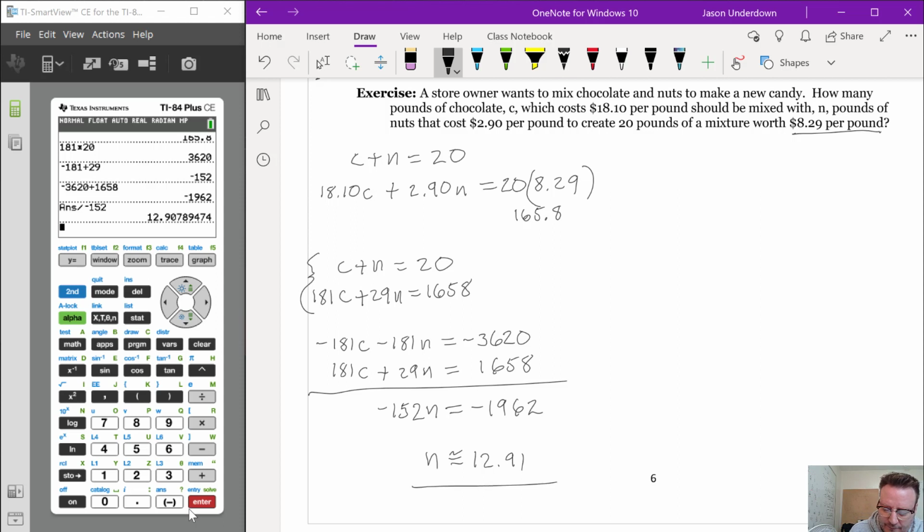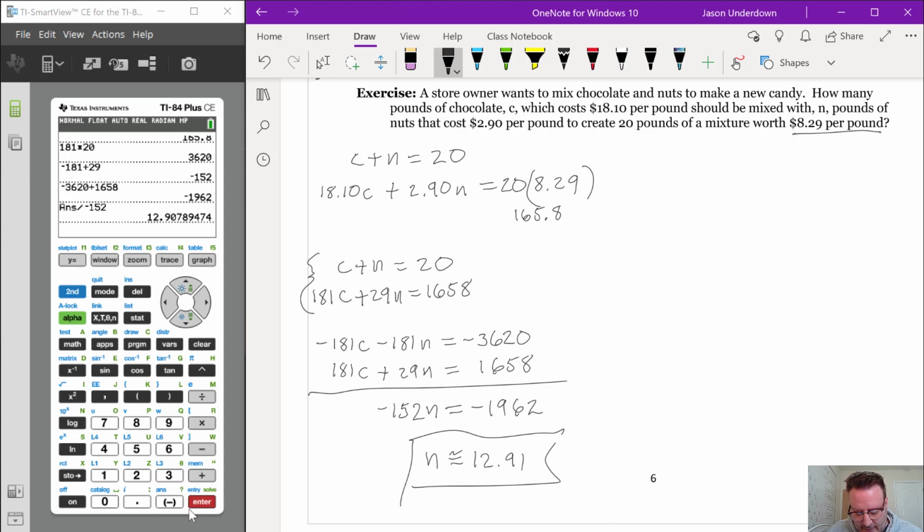Okay. There we go. We've solved for how many pounds of nuts we need. How much chocolate do we need? Well, in the regular method of elimination, I would just take this value now and then substitute it back into either one of the original equations and solve for C. And clearly, because C plus N equals 20, I need, what would it be?